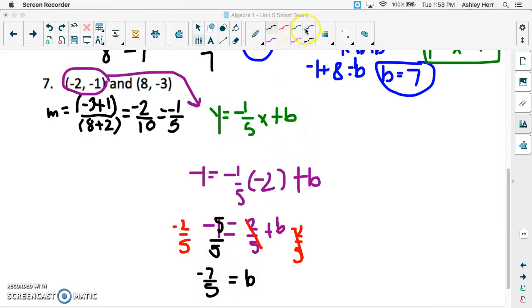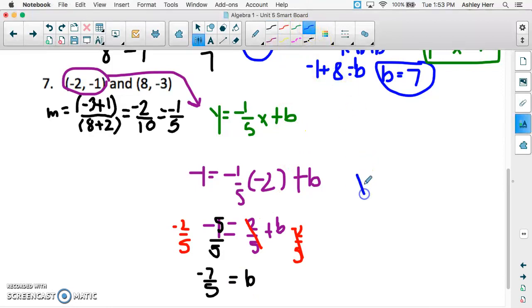So now I can write my equation in slope-intercept form. y is equal to my slope, negative 1/5 x, minus 7/5, because that is my y-intercept.